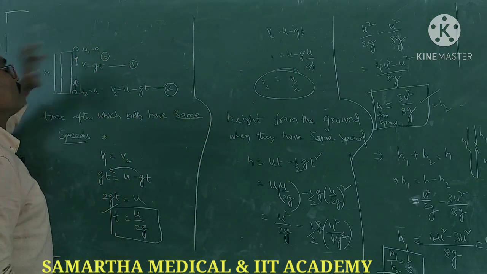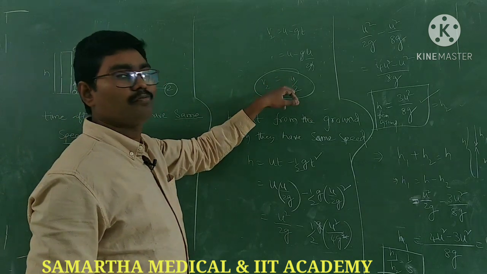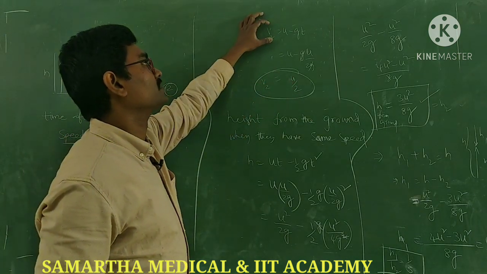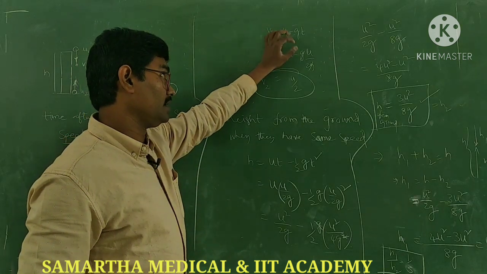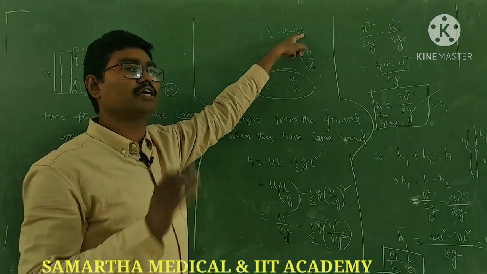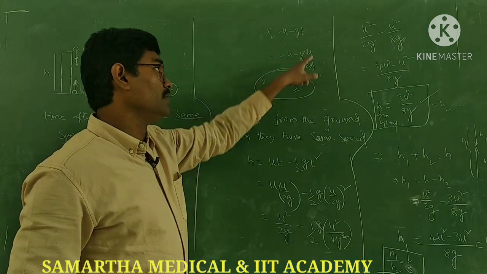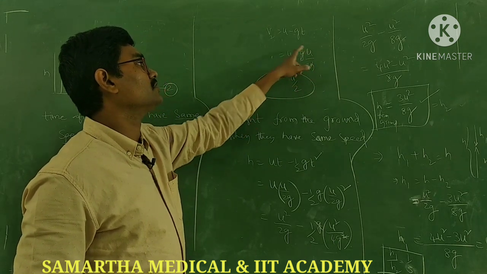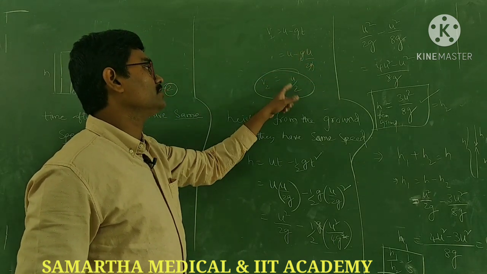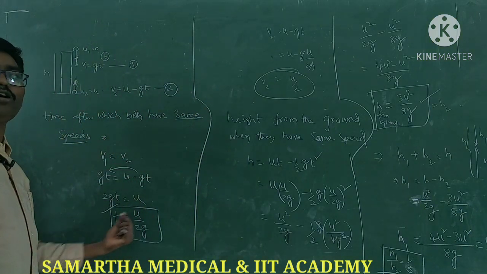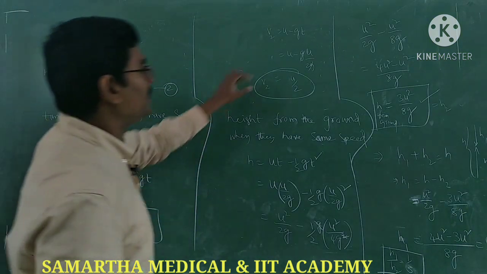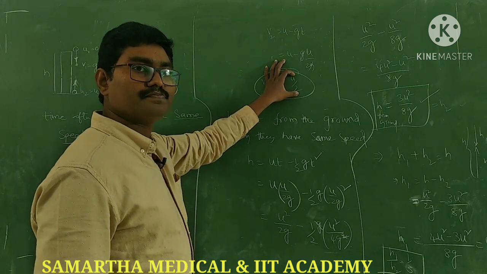At the same time, the vertically projected body also has u by 2. How did you get it? v2 is equal to u minus gt for a vertically projected body. So u minus g into t, where t is the time after which their speeds are equal, u by 2g. The g gets cancelled, you get u by 2, so u minus u by 2 is u by 2. So after this time, both the bodies have the speed u by 2.